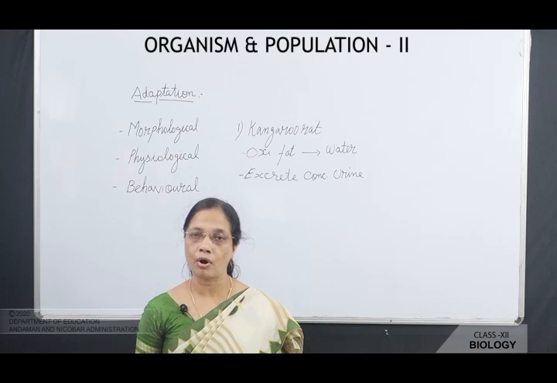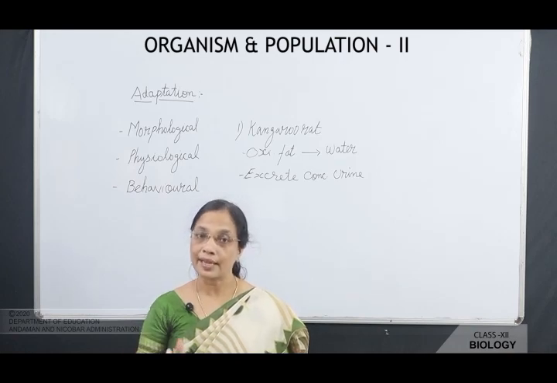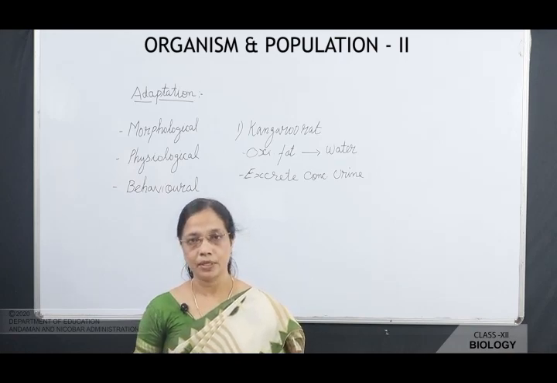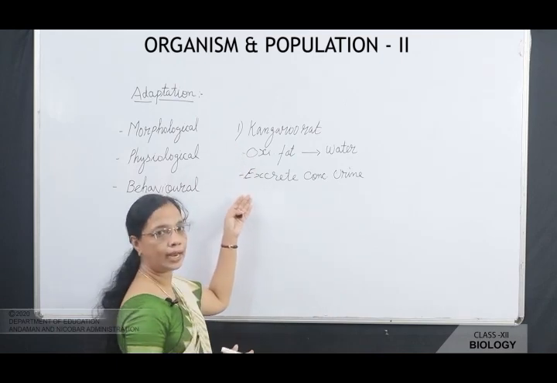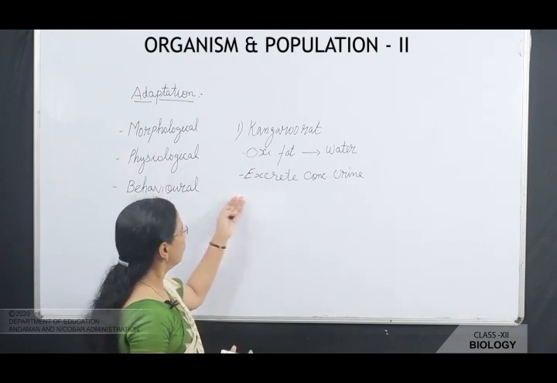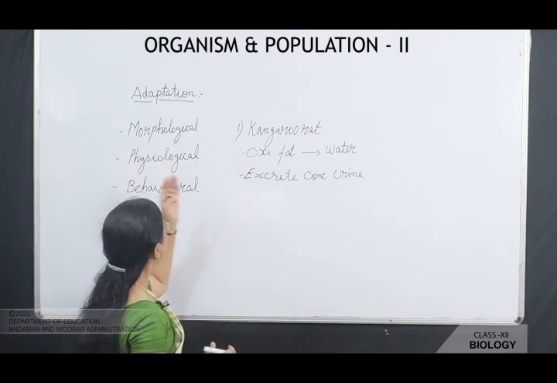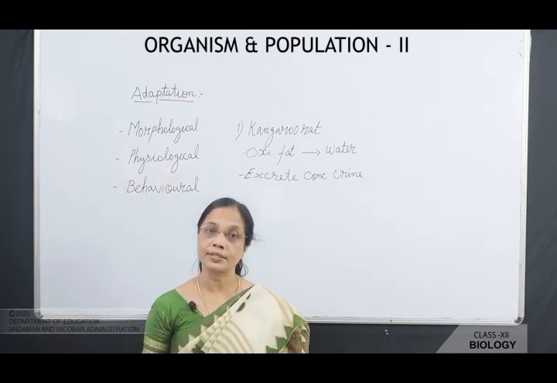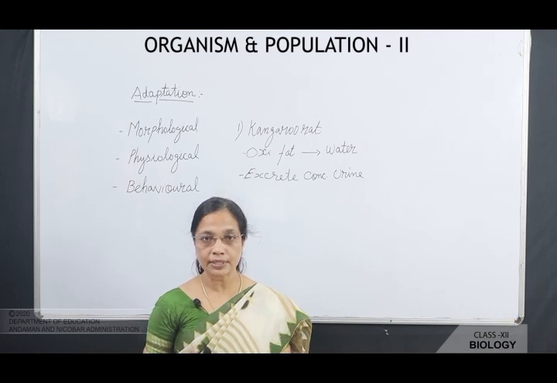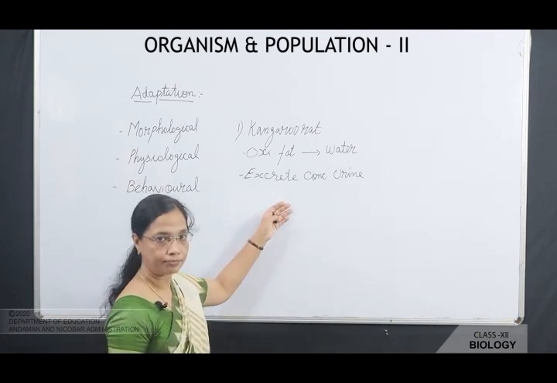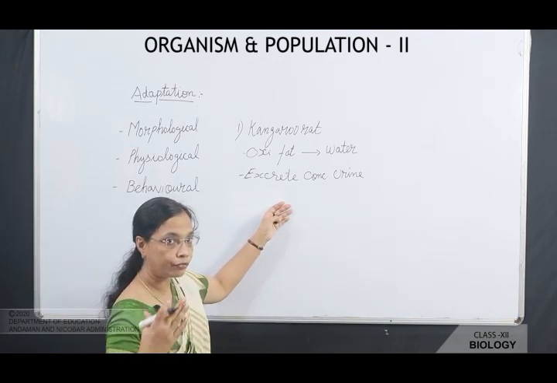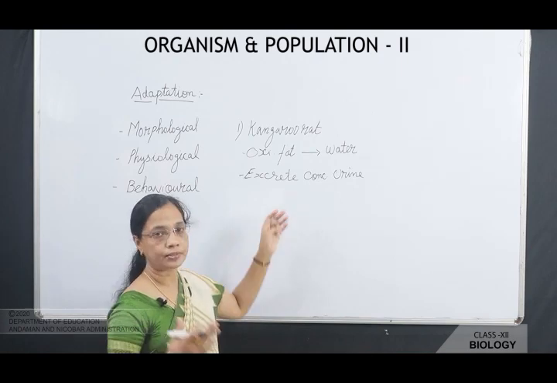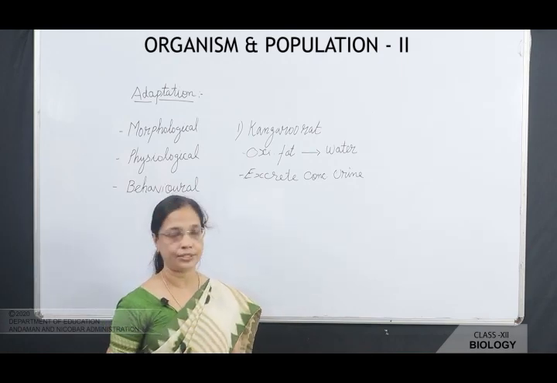By excreting concentrated urine, they can conserve water. So, these are certain physiological adaptations due to which the kangaroo rat is able to survive in that desert area. So, this is the physiological adaptation. Physiologically, they modified themselves to adapt to that environmental condition.